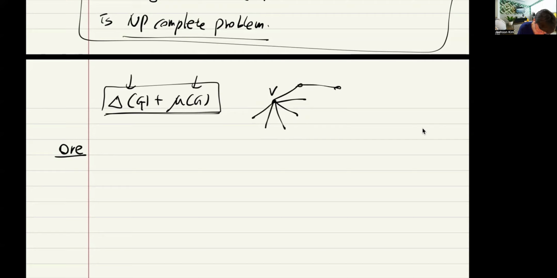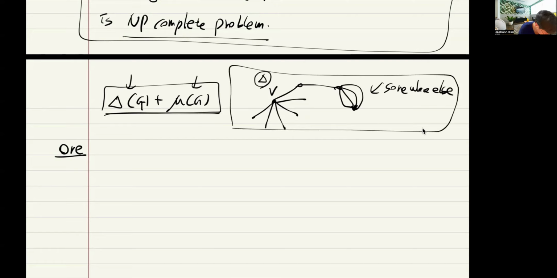So this maximum degree might happen here, while the largest edge multiplicity may happen somewhere else. And Ore noticed that in this case, we can actually improve this. He noticed that the edge chromatic number is as large as this only when the largest edge multiplicity happens at a pair which includes the maximum degree vertex.